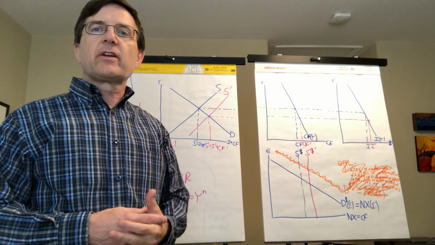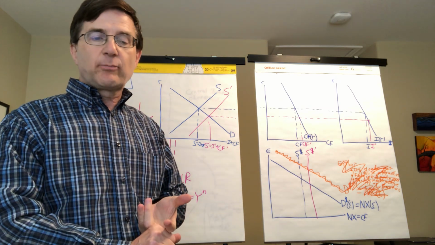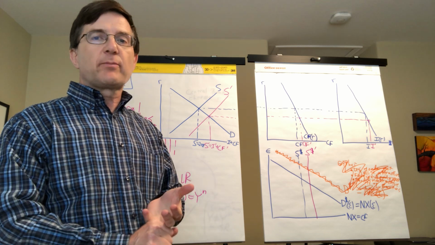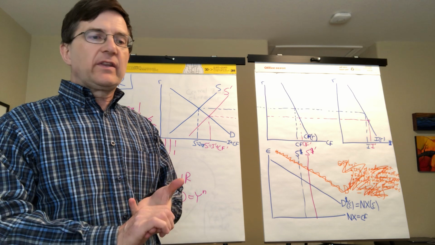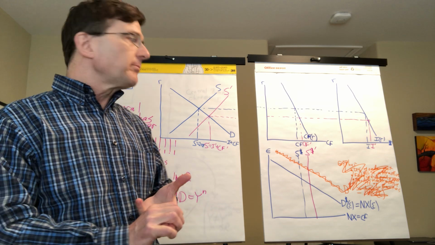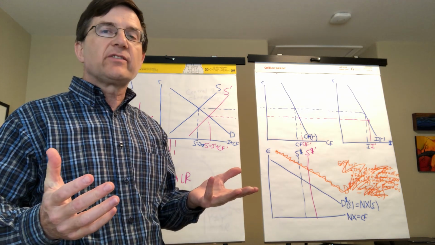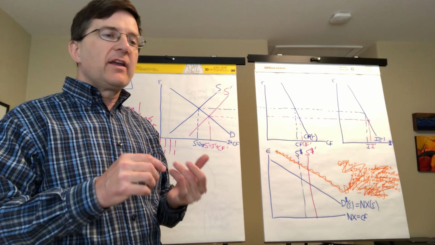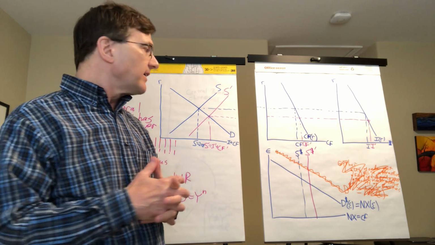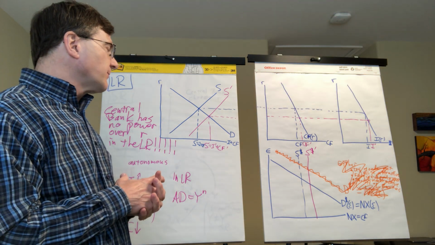Why no change in aggregate demand? There's no change in investment demand, no change in net exports, no reason for any change in government purchases. And then consumption, the only thing that would move that would be a change in GDP itself, but there's no reason for GDP to change if investment and government purchases and net exports stay the same.